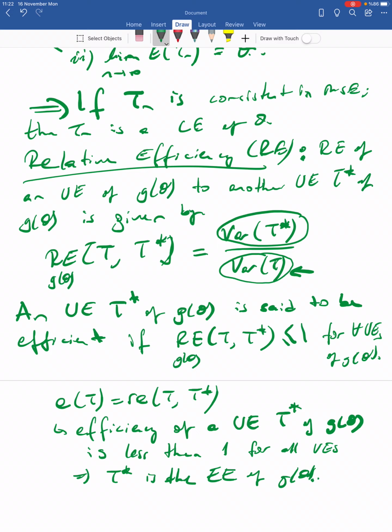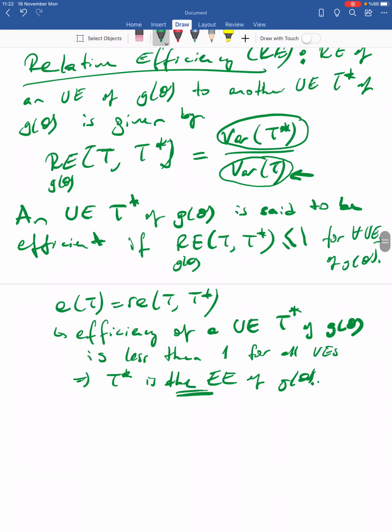This shows us the unique best estimator, but you have to consider all possible unbiased estimators and their variances, and show that the variance of T star is less than the variances of all other unbiased estimators.